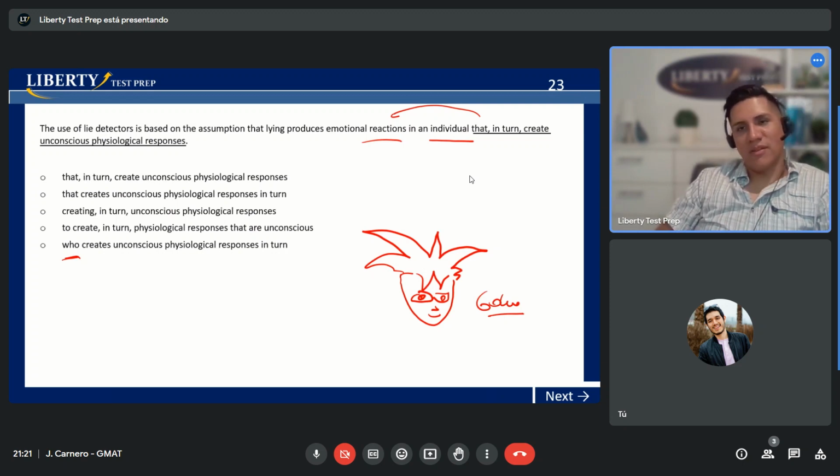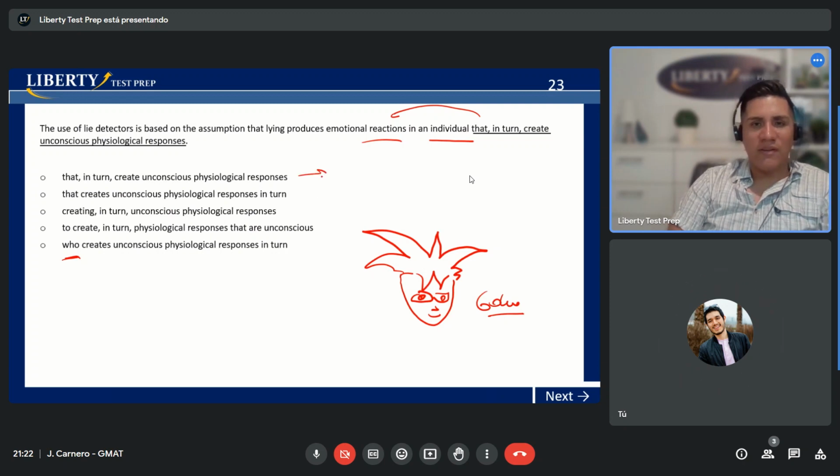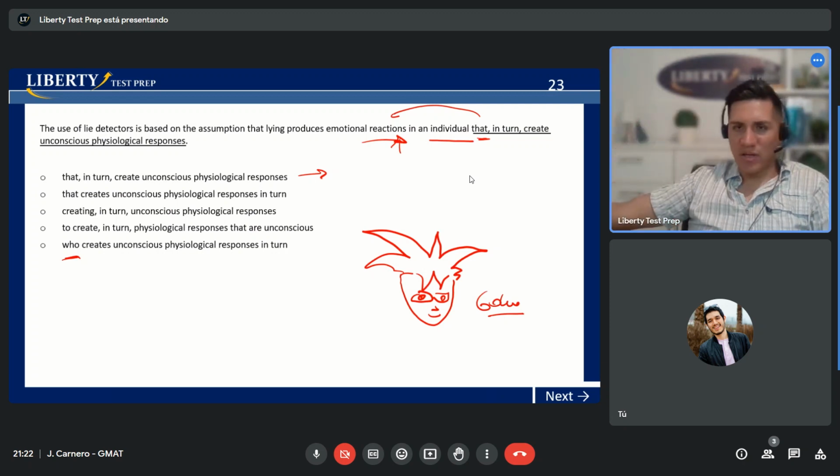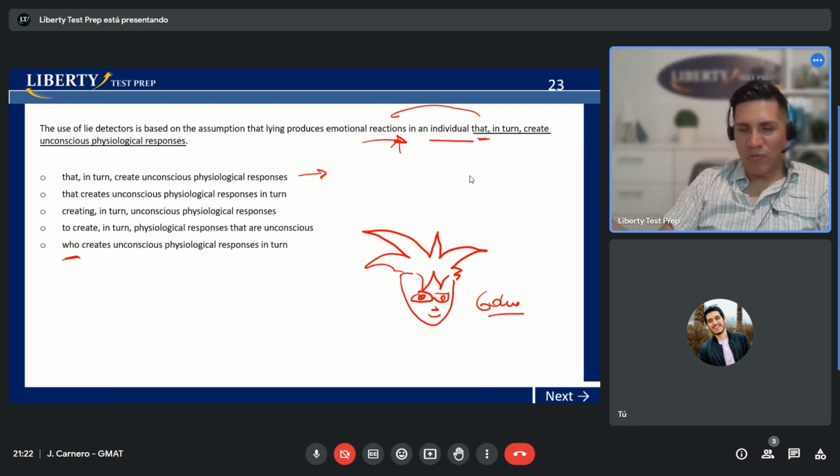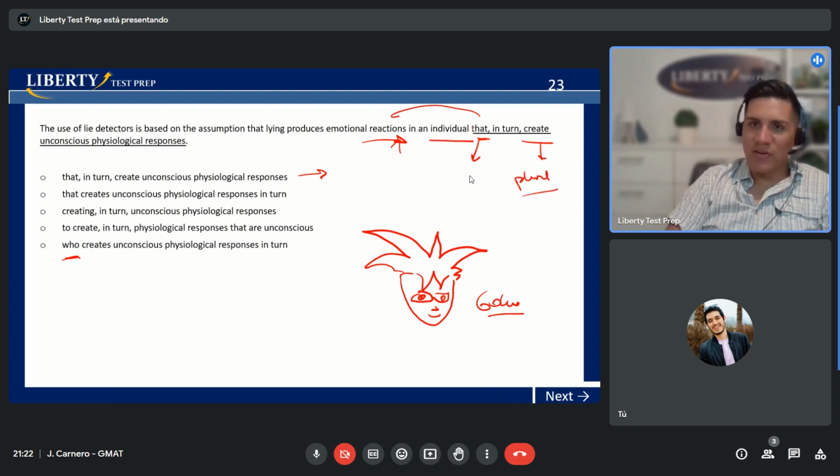So, letter A is, I think, clearly modifying reactions, right? Maybe we can say later that that doesn't make sense. But right now it's clearly modifying reactions because create is in plural, and they're using a that. They're saying with this that they don't want to modify individual, and create is in plural, so it's clearly modifying reactions. What about B?